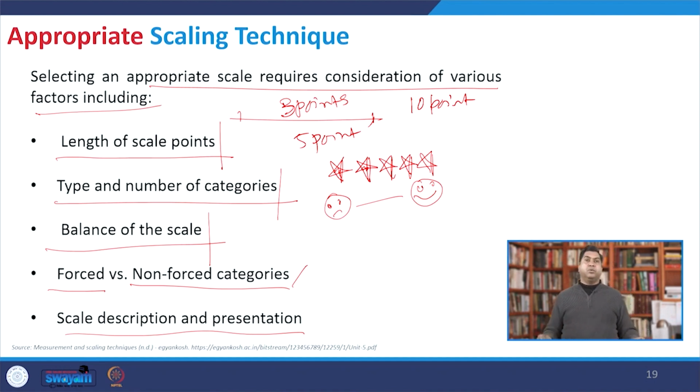So how you plan and design your questionnaire will also play a crucial role. In that case you have to be careful about how it will be understood by the respondent. It is very important that it should be convenient and easy to read for the respondents, so that they can answer it well.